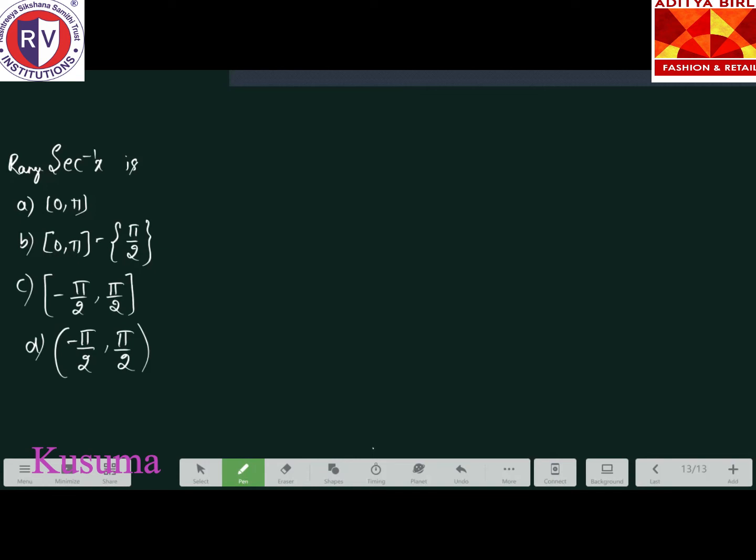Now, can anybody tell me what is the range? There is nothing to solve. Option B. Can you please tell me why?